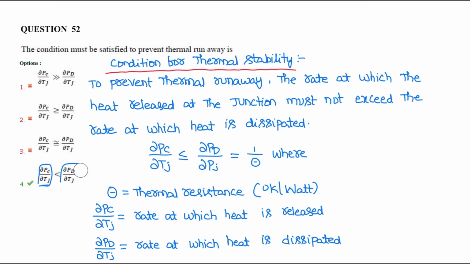That means the rate of dissipation should be more than the rate of heat released. So correct option is 4. To prevent thermal runaway, the rate at which heat is released at the junction must not exceed the rate at which heat is dissipated. Dou Pc by dou Tj, temperature at the junction, less than or equal to dou Pd by dou Tj. Correct option is 4.